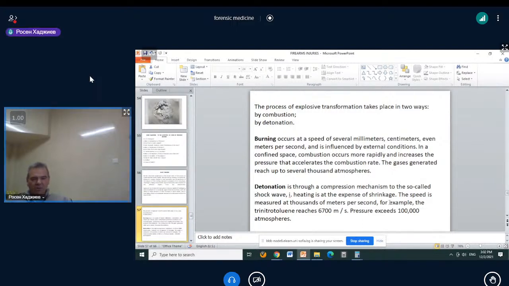Detonation is through a compression mechanism, the so-called shock wave. The speed of the shock wave is thousands of meters per second. That's why they have extremely high destroying force.